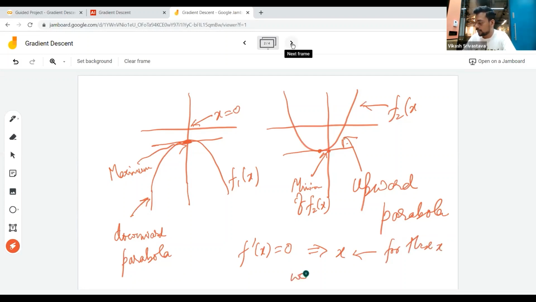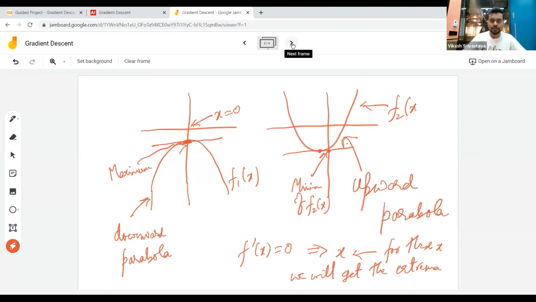We'll get the extrema, but we don't know whether this is going to be a minimum or maximum, so we'll need to do an additional check. We'll check the double derivative. If that is greater than 0 or less than 0, accordingly we'll get the minimum or maximum respectively for that particular x, right? So you get this basic idea.